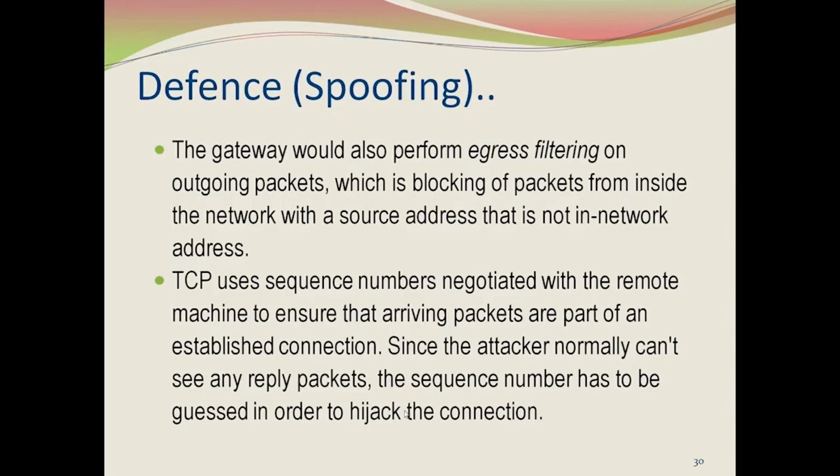Since the attacker normally can't see any reply packets, the sequence number has to be guessed in order to hijack the connection. Okay. The attacker normally can't see any reply packets because the reply packets may be simply ACK packets, very small. Okay.